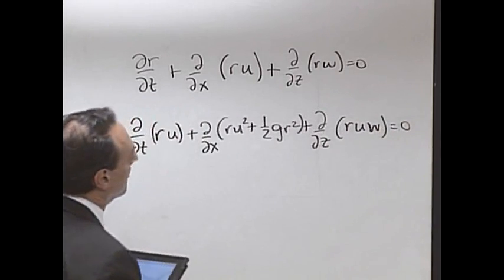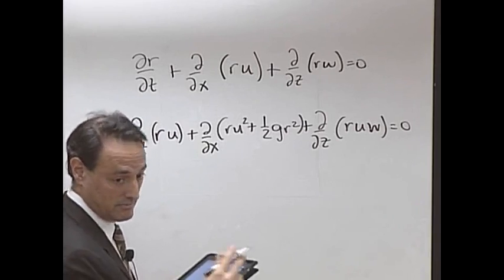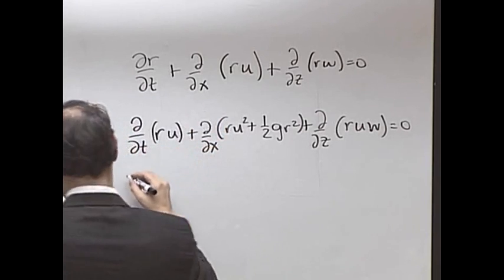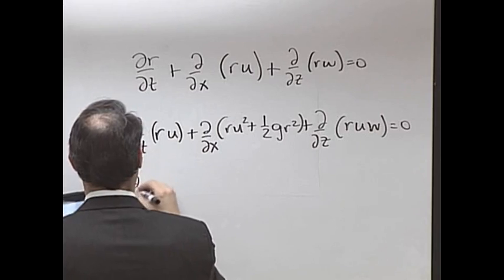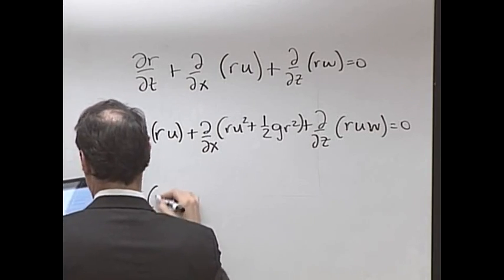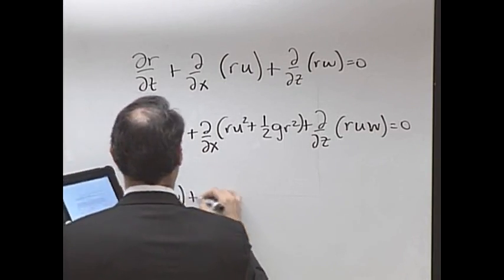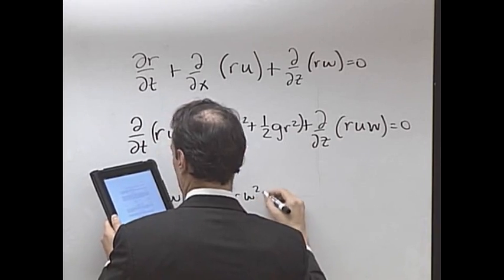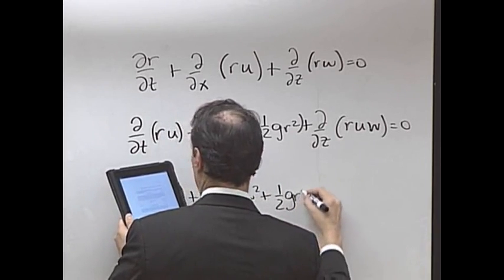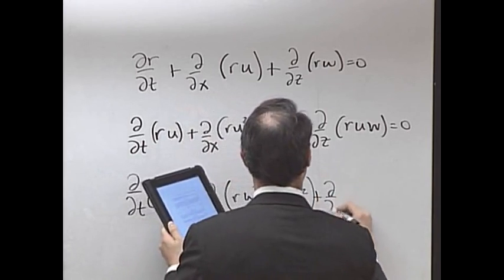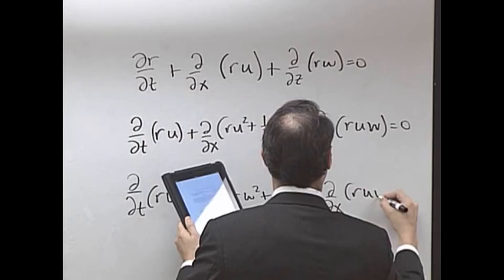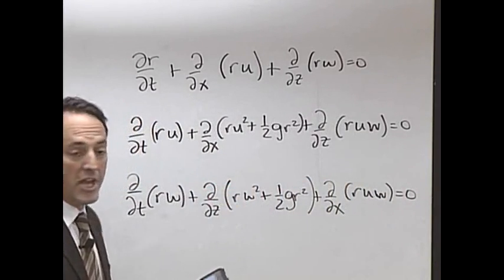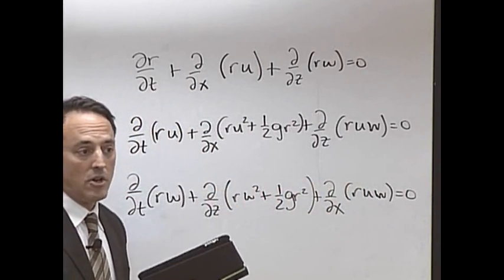So that's conservation of mass, conservation of momentum in the x direction, and here is conservation of momentum in the z direction. And I'll tell you what R is in a moment. Okay? There you go. Three big PDEs, no assumptions made.